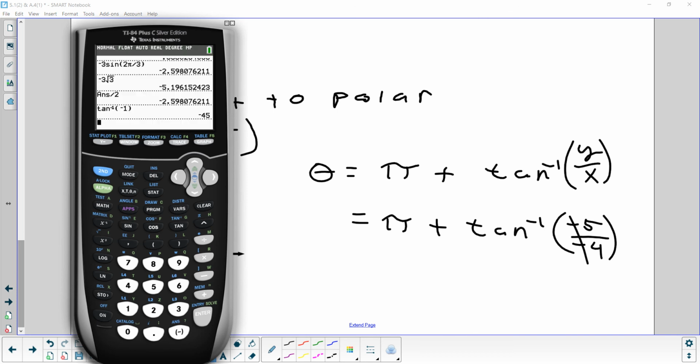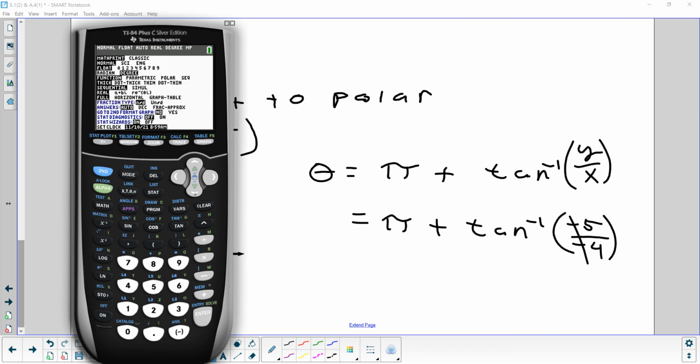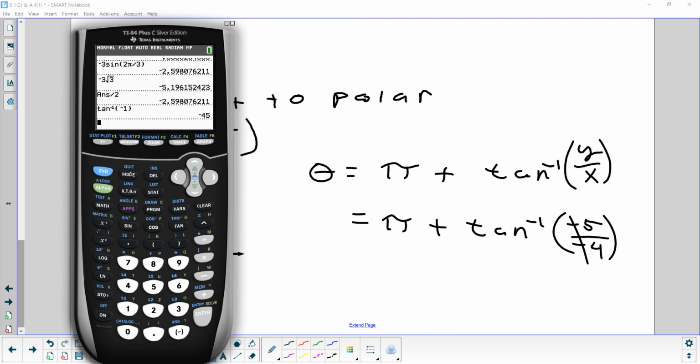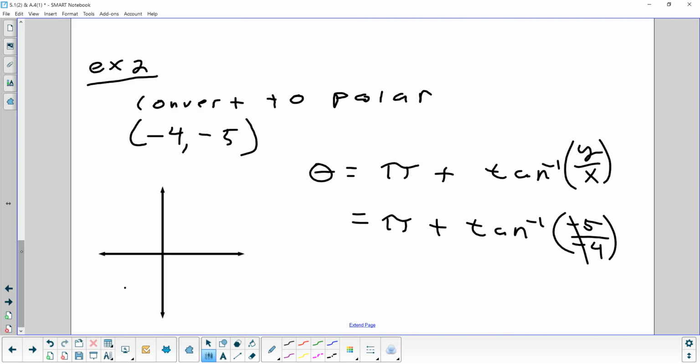Okay, I need to make sure I'm in radians because we said pi. And that's the only thing that changes my mode here. Okay? So I've got pi plus inverse tangent of 5/4. So that's about 4.04 radians. Okay, that's my angle.